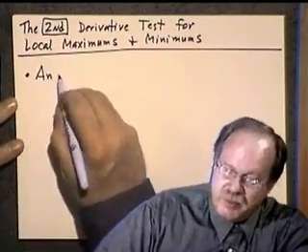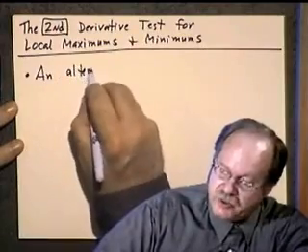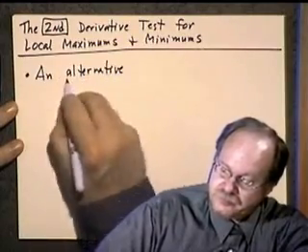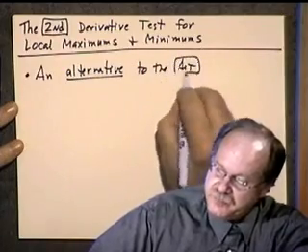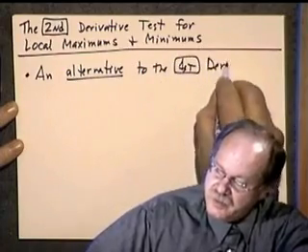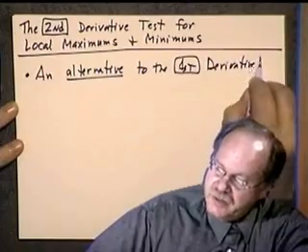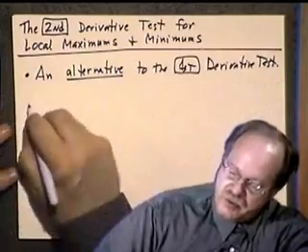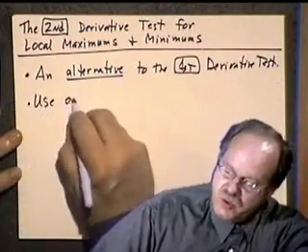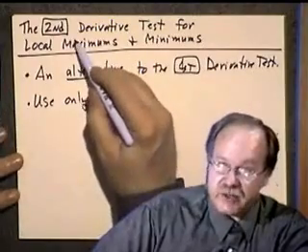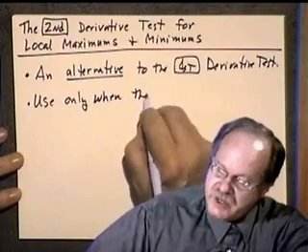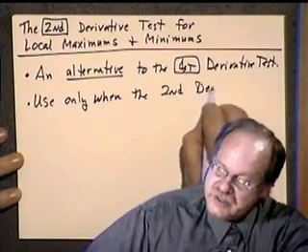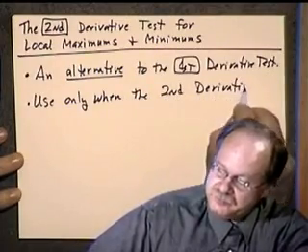So, the second derivative test is, of course, an alternative to the first derivative test. And you can use either one, but a good rule of thumb is to use the second derivative test only when the second derivative is easy to calculate.